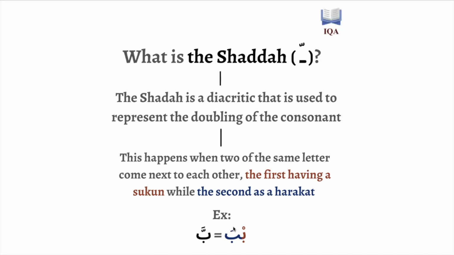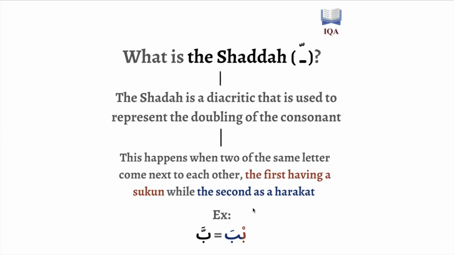So in the Arabic language, when there are two letters that come back to back, the first letter, for example, the letter in red here, has a sukoon on it. And we covered that the sukoon is a diacritic to indicate that a letter has no vowel. While the second letter is the same letter, but it has an actual haraka. It has either a fatha, like this, or has a dhamma on it, or has a kasra on it. When this happens, you're going to have idgham and a shaddah.